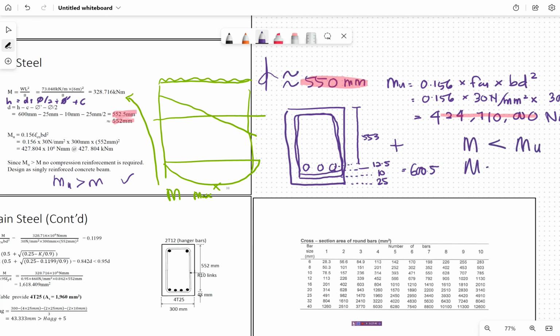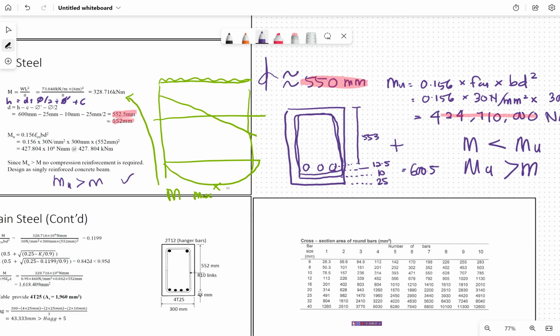Okay, why we need to make sure this? Okay. Sebenarnya MU di sini adalah ultimate moment resistance untuk konkrit. Maksudnya keupayaan konkrit tu untuk resist compression. Okay. Sebab kita tahu, why we combine konkrit dengan steel, because konkrit can resist compression. Steel will resist tension.